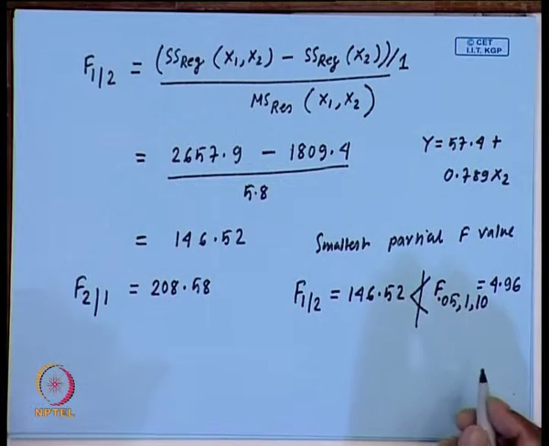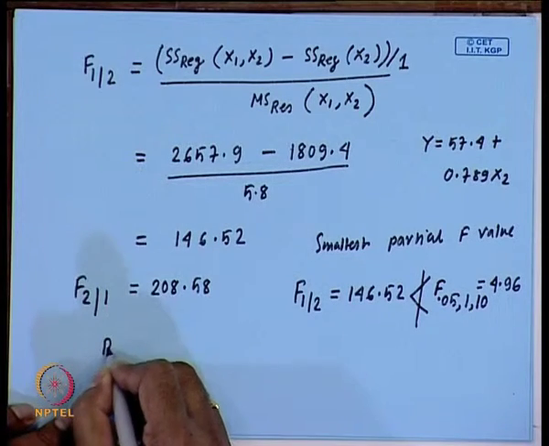So, that means in the model we have at this moment involving x1 and x2, both are significant. I mean x1 is significant in the presence of x2, and similarly x2 is also significant in the presence of x1. That is why their partial F statistic values are large, and we can't remove any of them from the model.